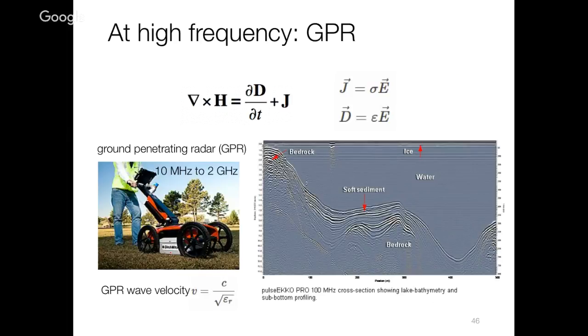You can see there's ice up here, then bedrock, and down here sediments, and you get a picture. All the details of the picture come out because of this dielectric constant and the fact that it's different between the ice, water, bedrock and so forth.